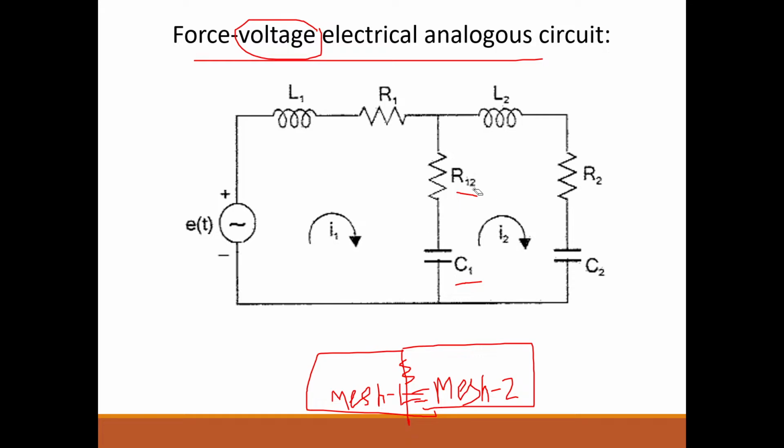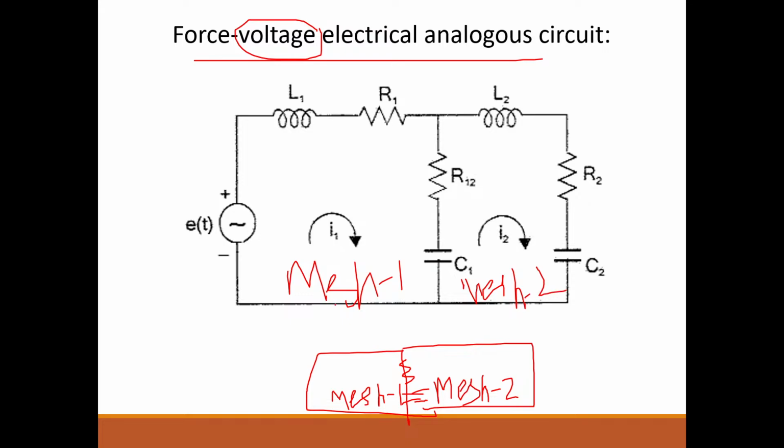So did you understand why we are writing R12? Because R12 is analogous to B12 and 1 by C1 is analogous to K1. K1 and B12 are between both the masses. So this is our mesh 1, and this is our mesh 2.